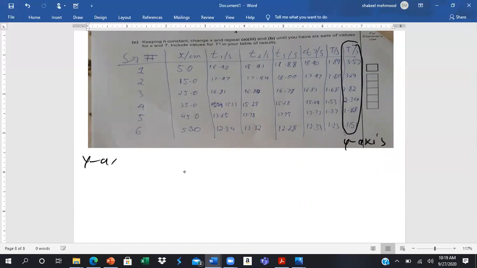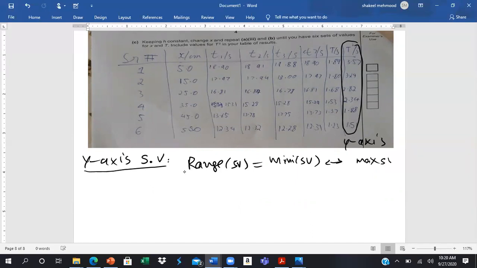Again, you have to select a range of scale value for y-axis, a minimum scale value and then a maximum scale value. Minimum is the maximum of the quantity, that is t square, minus the minimum of the quantity, that is t square, divided by number of squares.